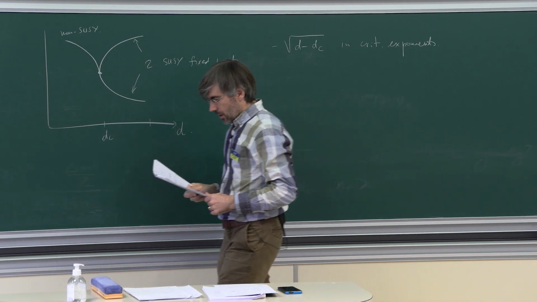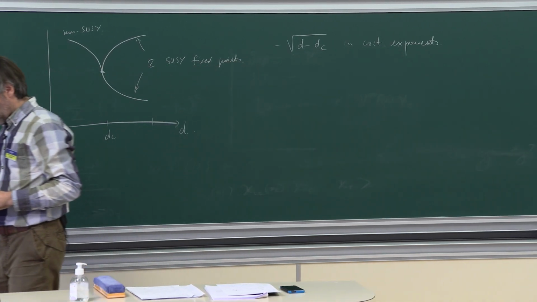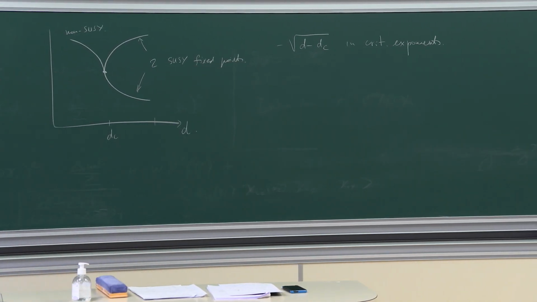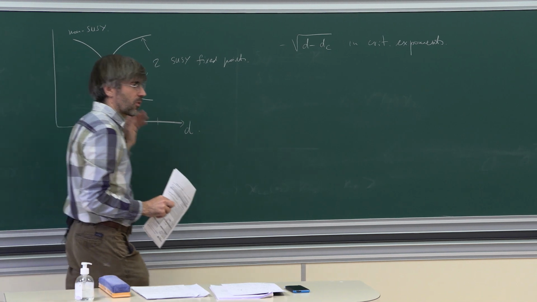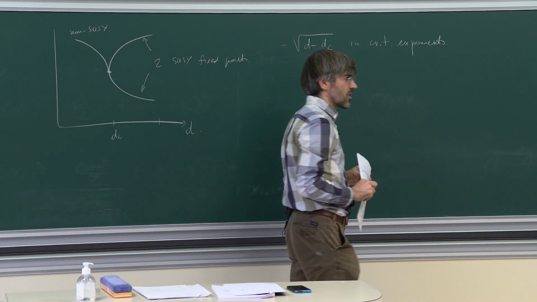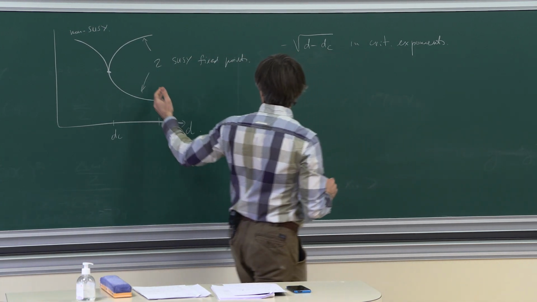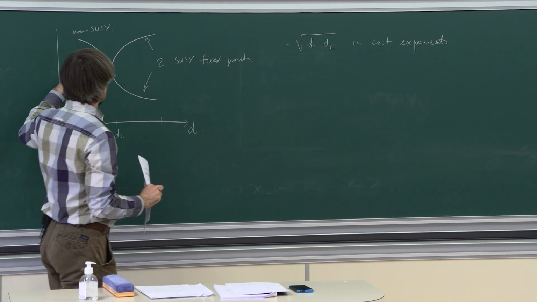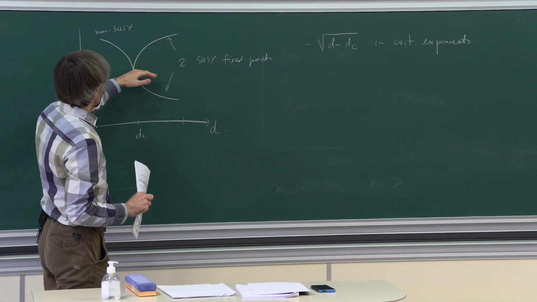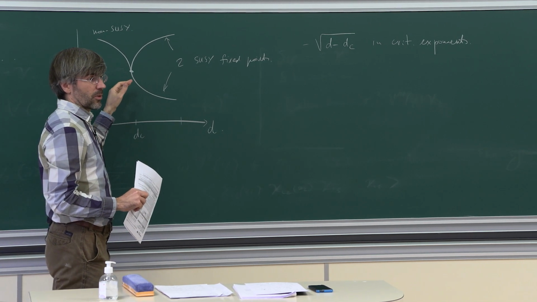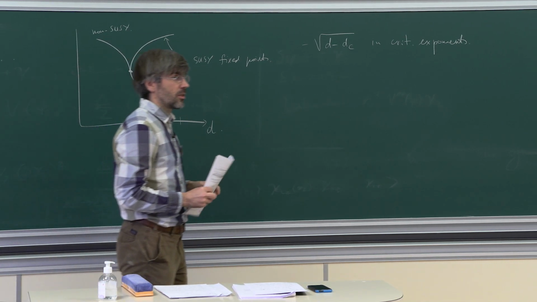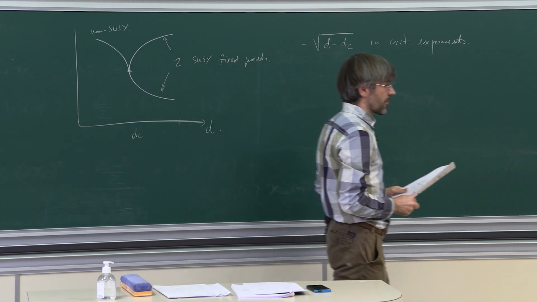And okay, so that's what they predict, and that's clearly not what we predict, because we say that we have one supersymmetric fixed point above 4 dimensions, above d critical, not two supersymmetric fixed points, and also we don't have any square root singularities when we go below d critical.